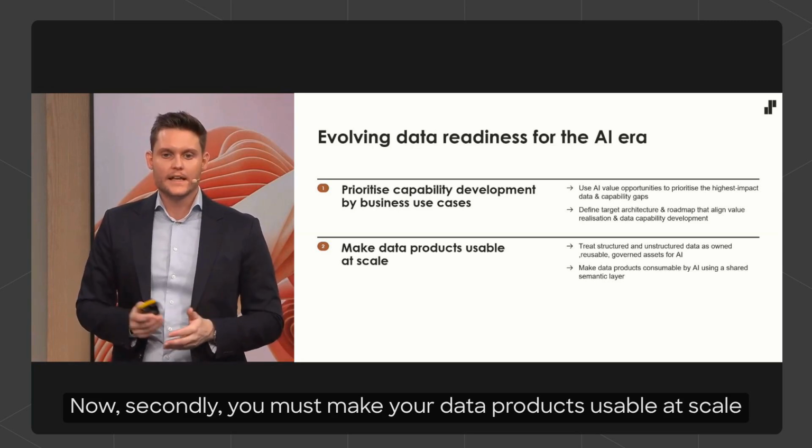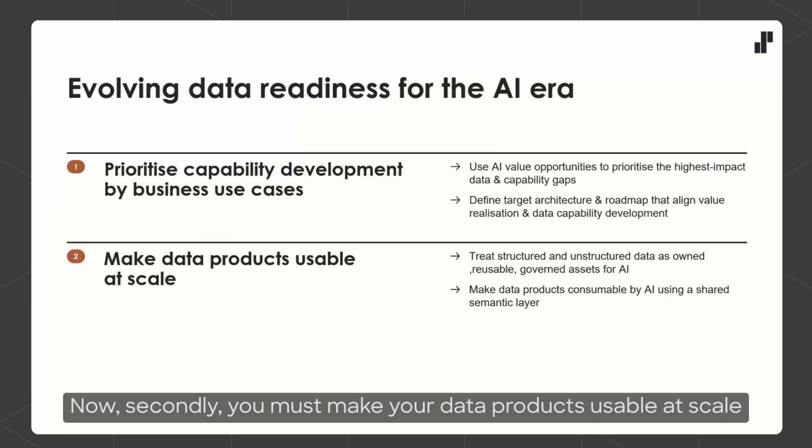Now, secondly, you must make your data products usable at scale. And I will not go deep into the data product topic as such, but the point here is just that we must now both ensure and manage that structured and unstructured data, like documents, are treated as governed assets with clear ownership.